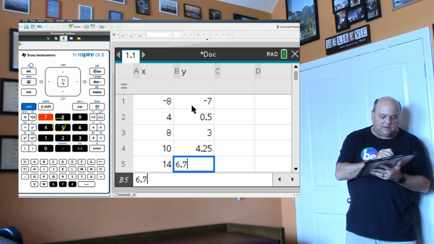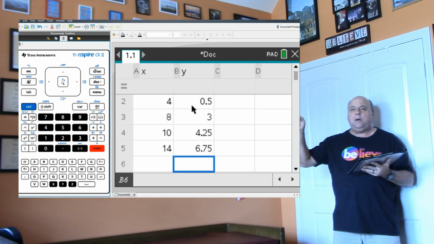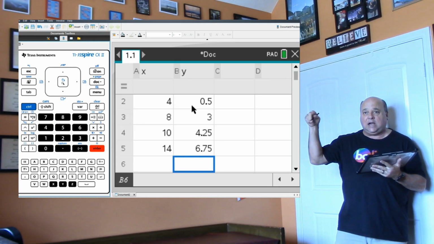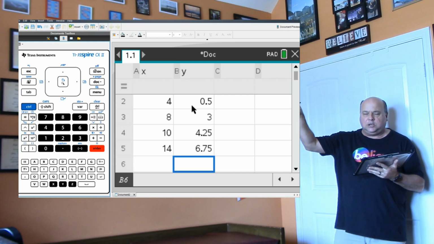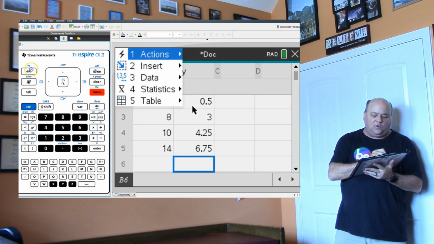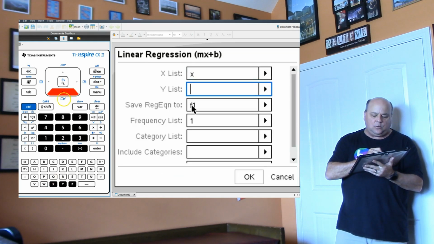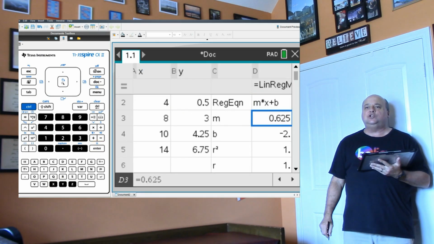And 6.75 enter. Okay, so I have all this in. The blue box cannot be on a number or you're still inputting data. The blue box has got to be on a white square. And then menu, stat calculation, linear regression, menu 4, 1, 3. And then X down, Y down, and enter. And bam, right here is my slope, 0.625.